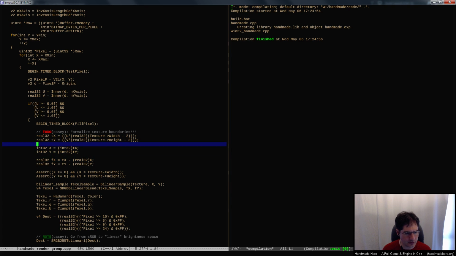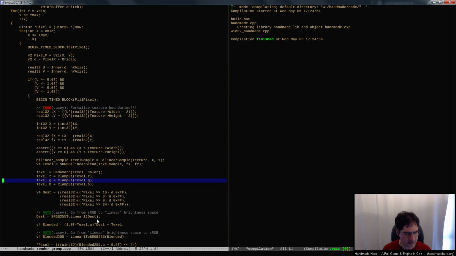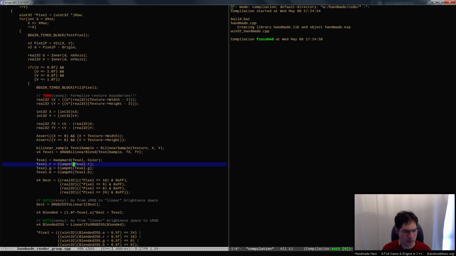So in order to produce this X and Y, yeah, it looks like texels. Okay, so it looks like basically what's happening here is we're clamping the RGB between 0 and 1, but unless we were going to pass in color values that were greater than 1, we wouldn't really need to clamp them here anyway.